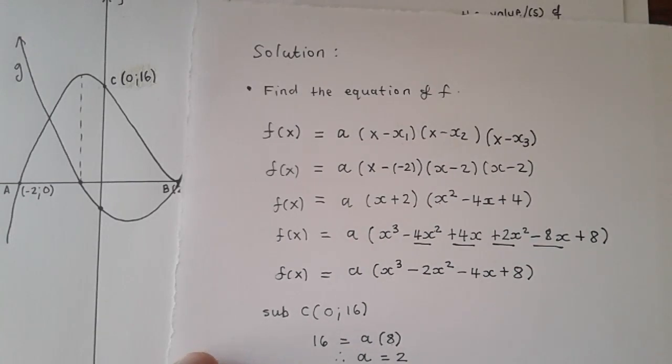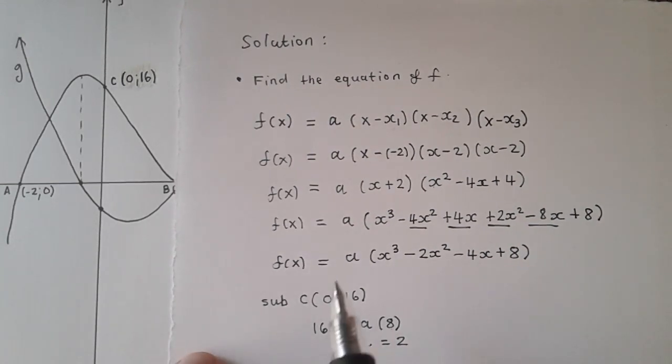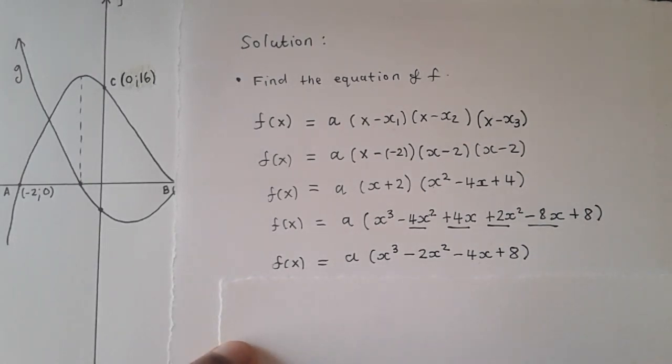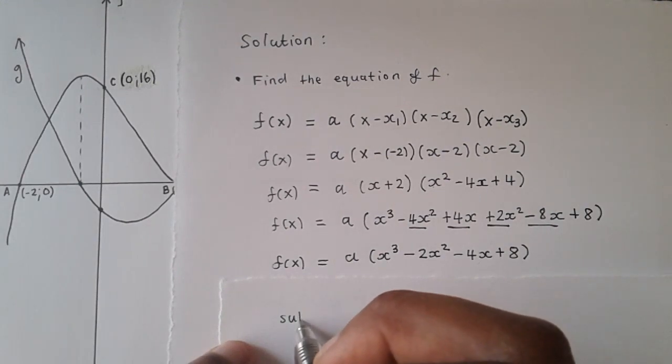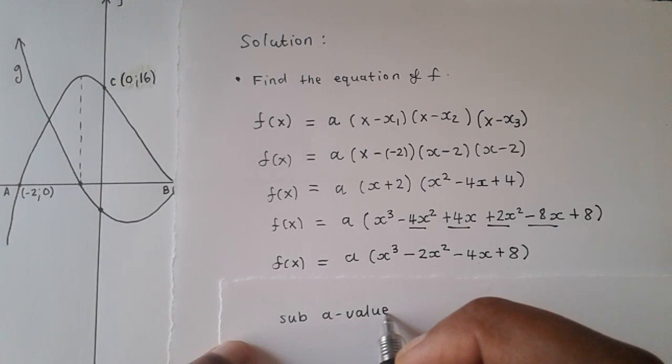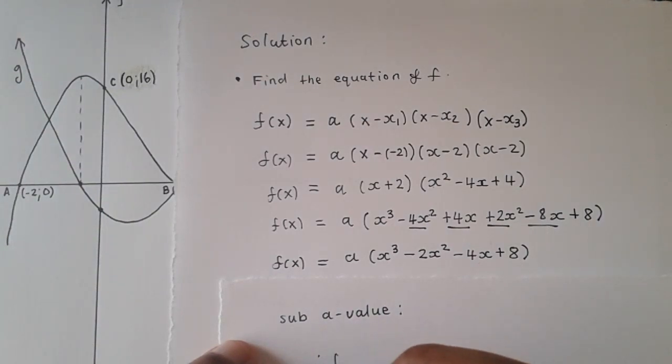Okay, so now you go back and you substitute the a again to get your f. So now you're going to say sub a value. Then f of x will equal 2 times x cubed minus 2x squared minus 4x plus 8.